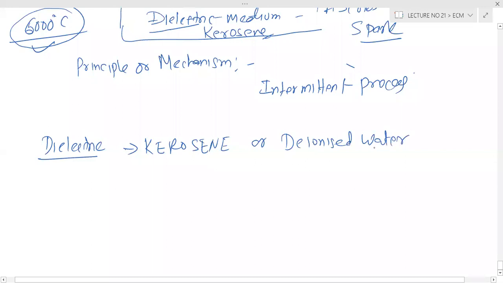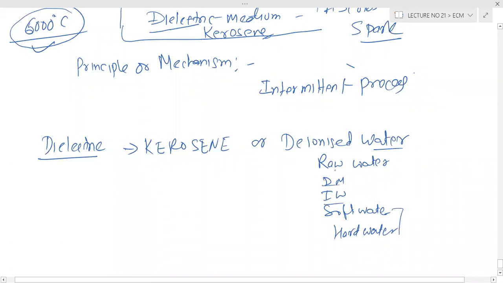Different types of waters are there: raw water, demineralized water, ionized water, soft water, hard water.